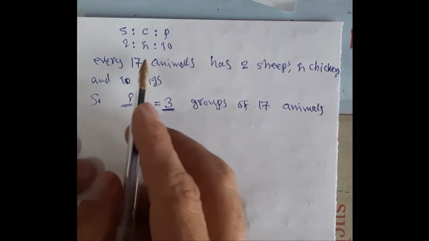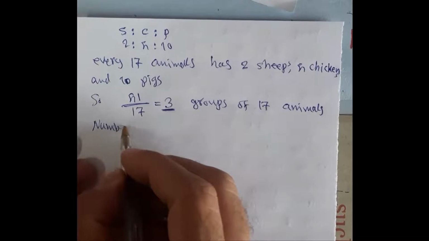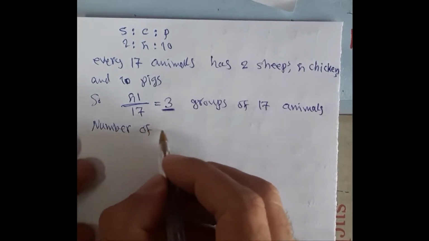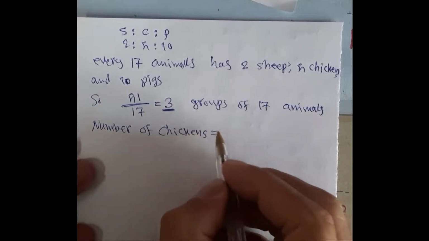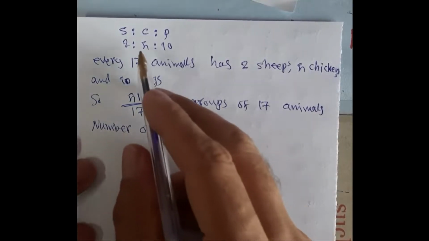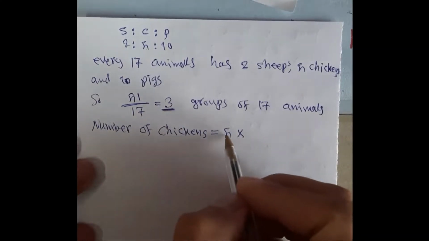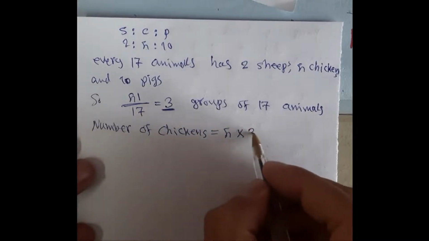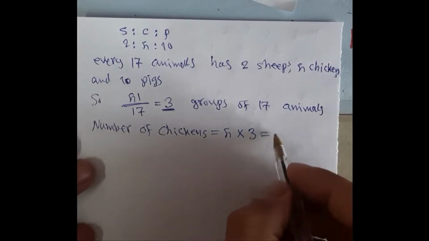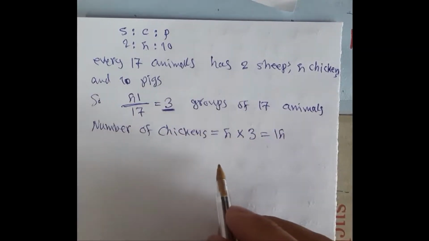Now the number of chickens: in every group we have 5 chickens, and totally we have 3 groups. 5 multiplied by 3 is 15. We have 15 chickens. It is the solution of this example.